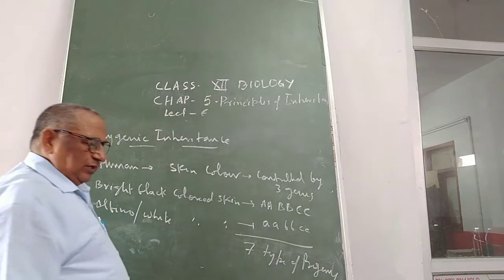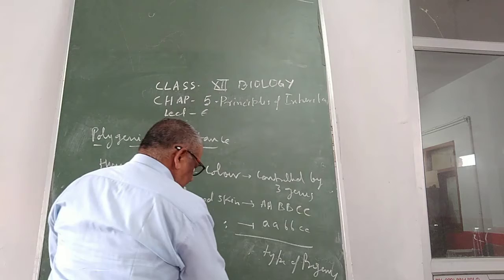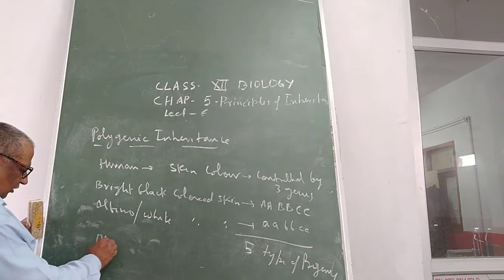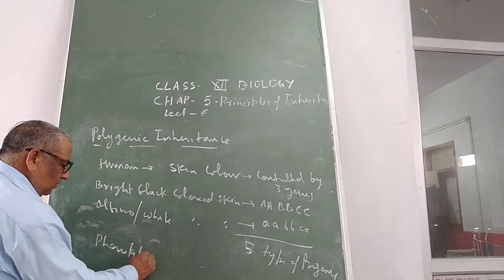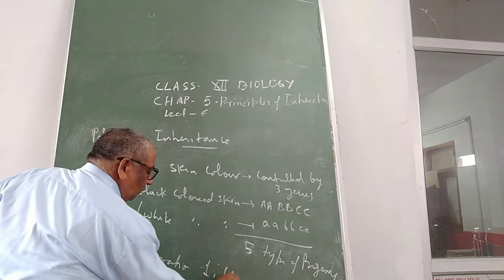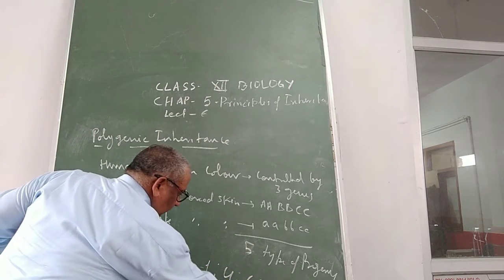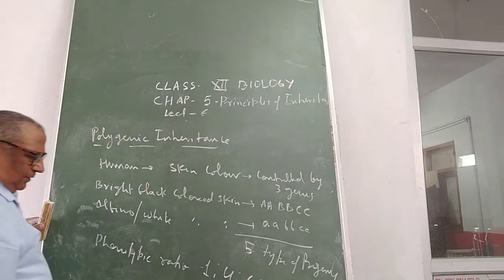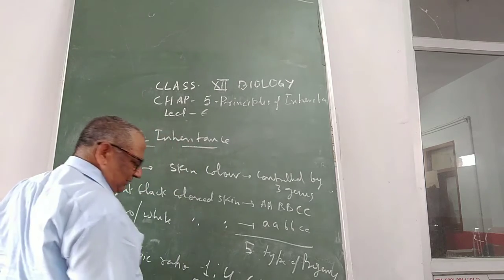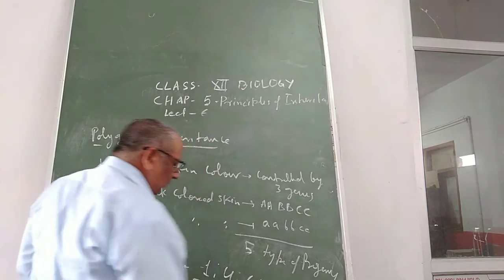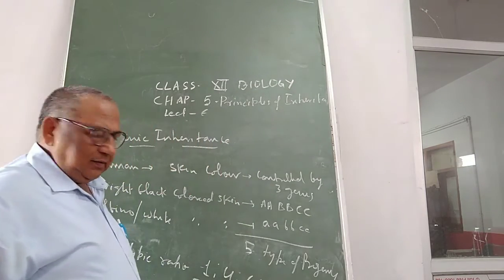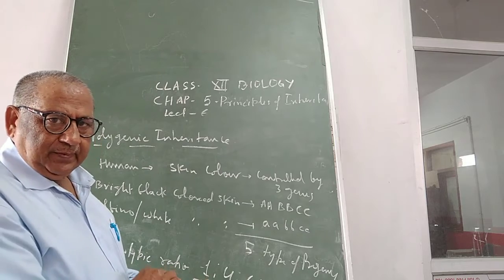And this 7 types of progeny appear in 5 types. And these 5 types of progeny appear in phenotypic ratio 1, 4, 6, 4, 1. 1 is the dark black, 4 are the light black, 6 are the intermediate, 4 are the light white, and 1 is the complete white. This type of ratio will appear.